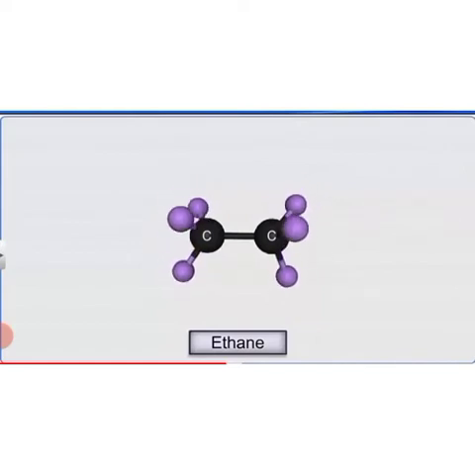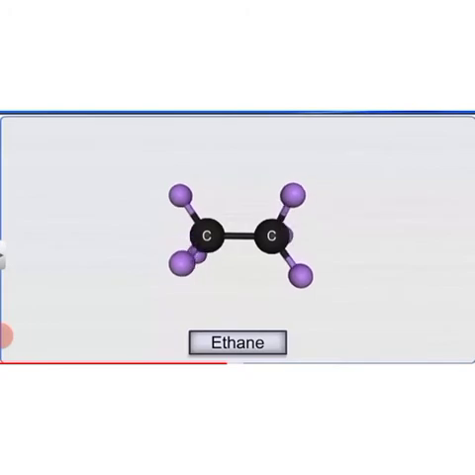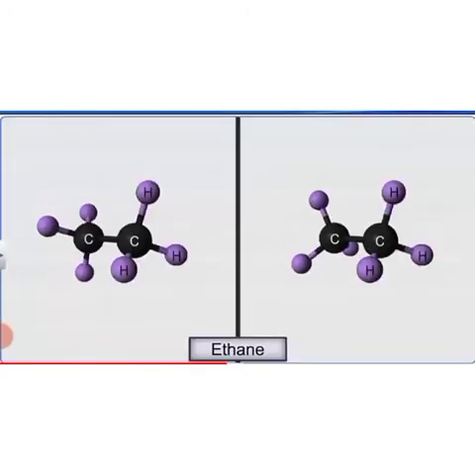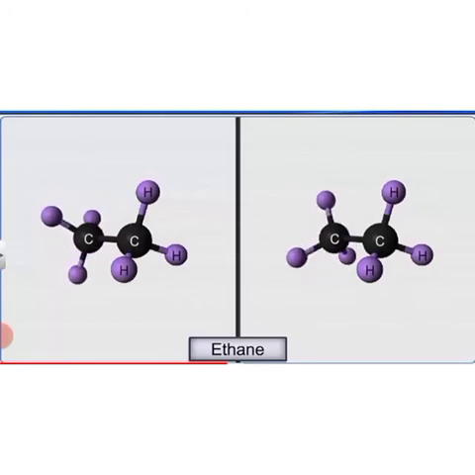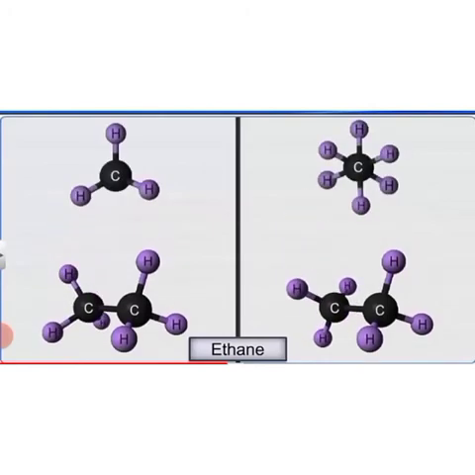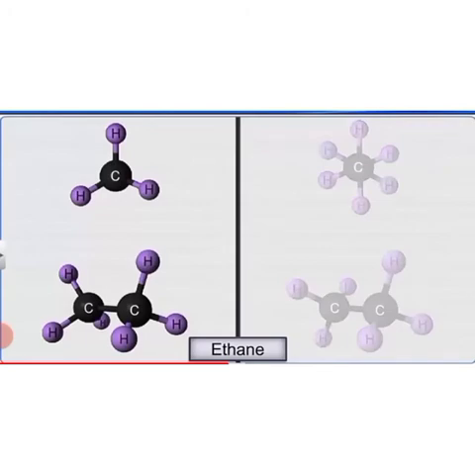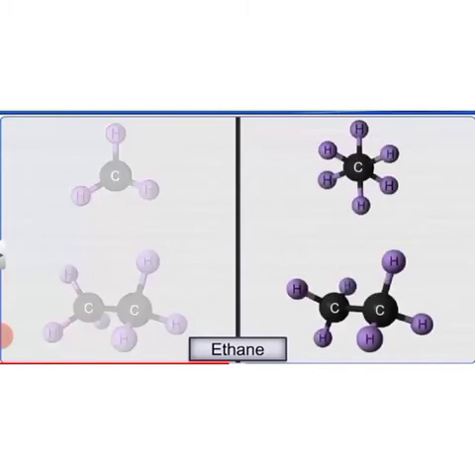Let's study these in detail. We can observe that there are two extreme positions of the hydrogen bonds of one carbon in relation to the hydrogen bonds of another carbon atom. One, where the hydrogen atoms attached to the two carbon atoms are as close as possible to each other, and the other where they are as far apart as possible.